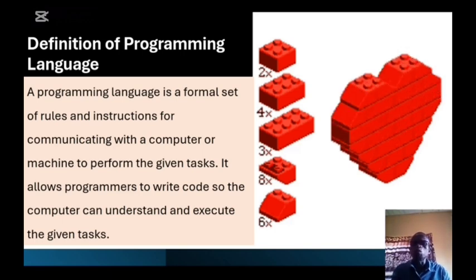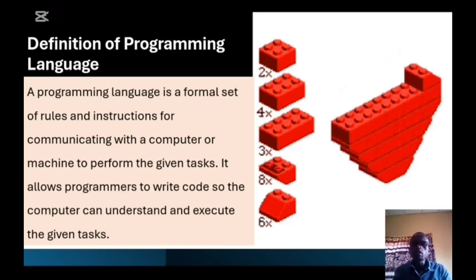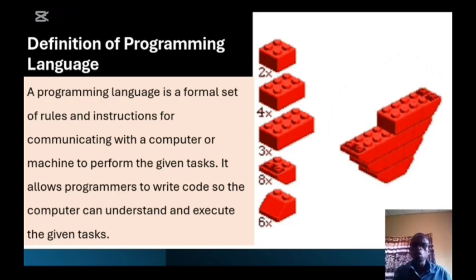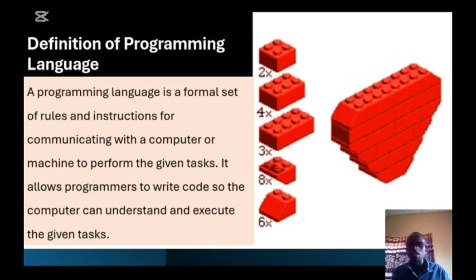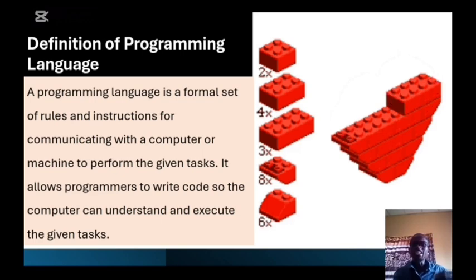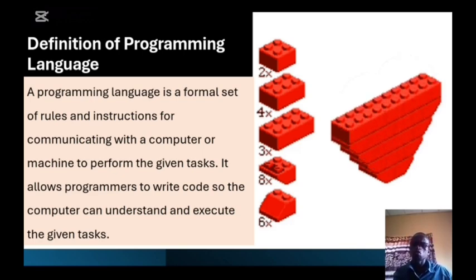What are those things we use computer for? We use computer to play games, right? We use computer to calculate. We use it to type letters, to type numbers. We use computer to perform different analysis. We use computer to watch movies, and so on and so forth. Before computer will be able to carry out all these activities, it is following particular set of rules and instructions.